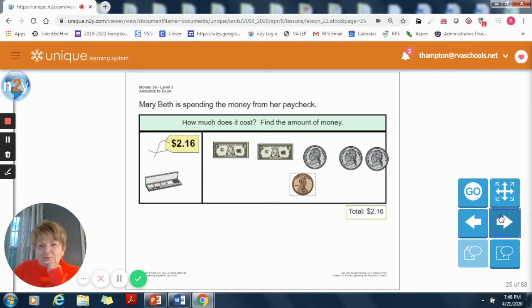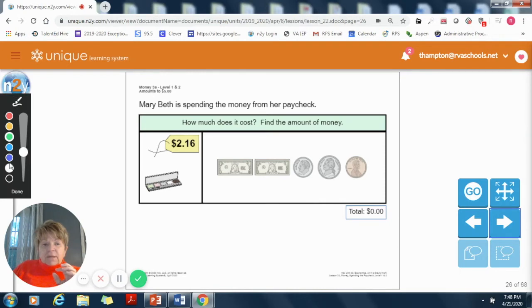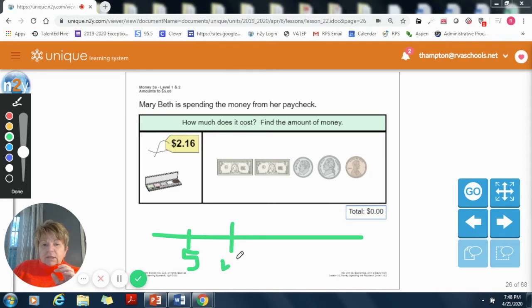All right, here we go. Now we're going to match our coins. Now, they did it differently. They took 2 of the nickels and they combined them together, so they had 5, 10, 15.